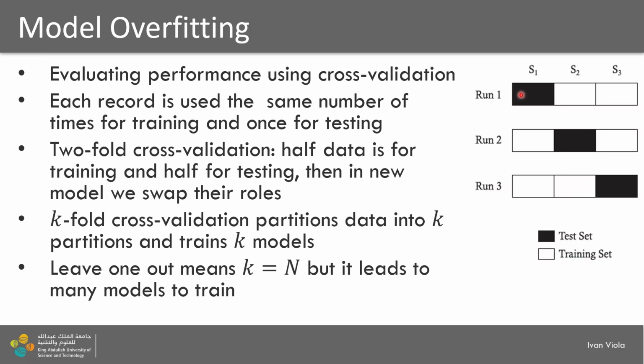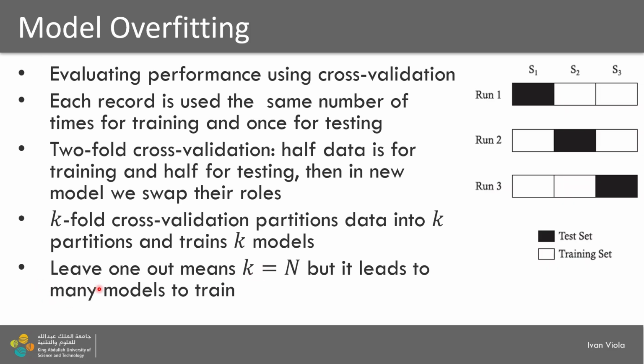Once this is a test set and the others are training sets, we train one model; then with this being the test set and these the training sets, we train another model; and in another case we have this as the test set, and we train these 3 models, and whichever performs the best, we can choose. This is an approach which works well. The disadvantage is that we have to train a lot of models before we choose the best one.